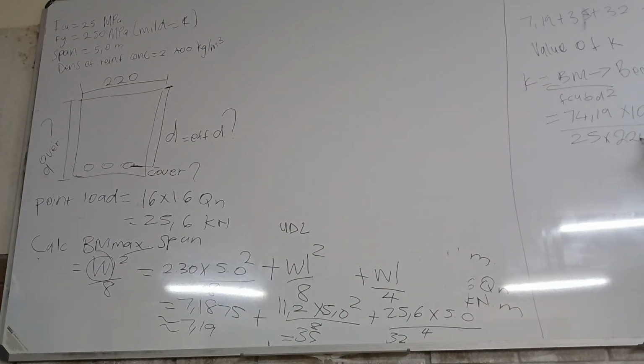And then d we are measuring, is it the overall depth or effective depth? Effective depth again. So what is our effective depth? 312.5. So let us get the value of K. What is the value for K?